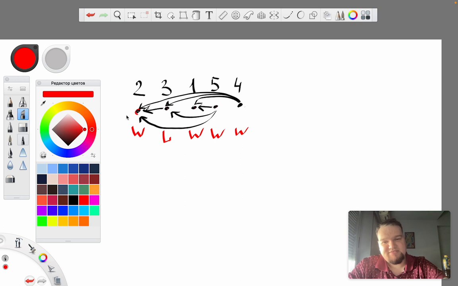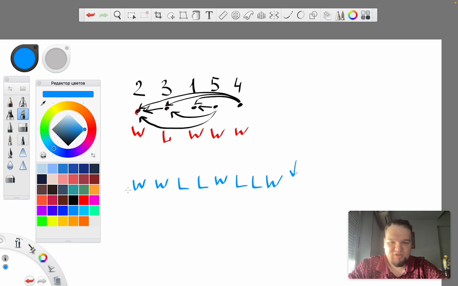So let's say we have reached some place. We're going left to right, determining some winning and losing states, and now we are here. If this element is smaller than everything here, it's winning.